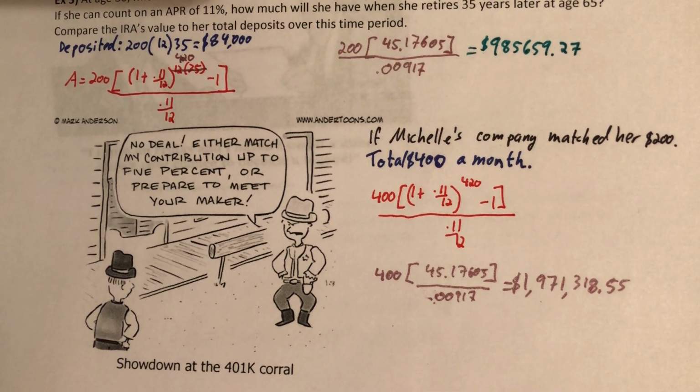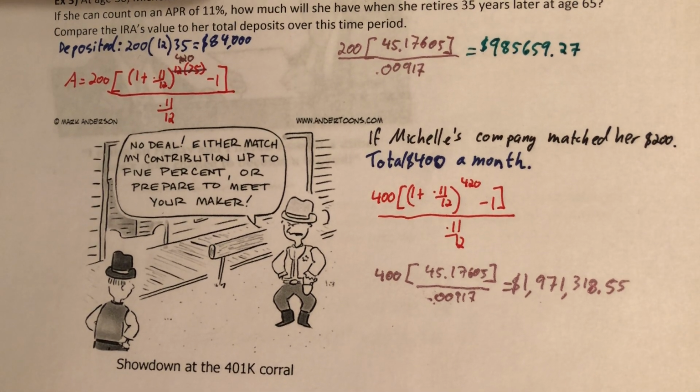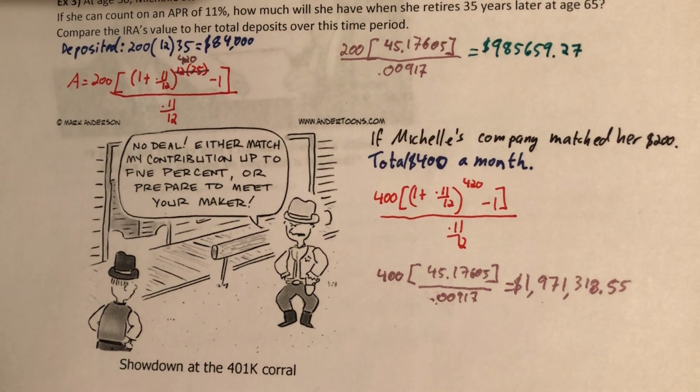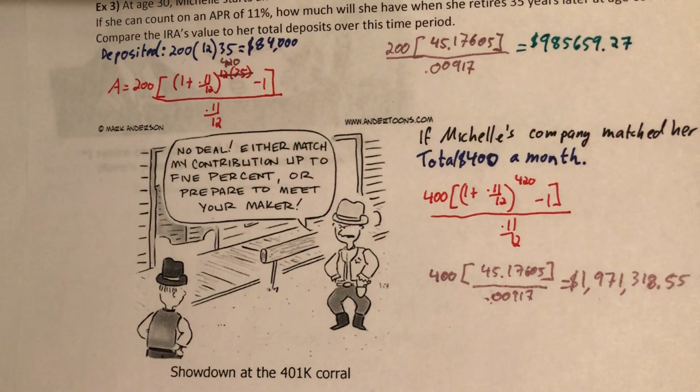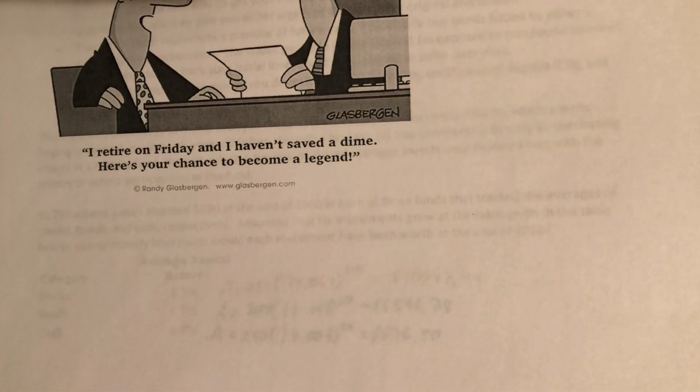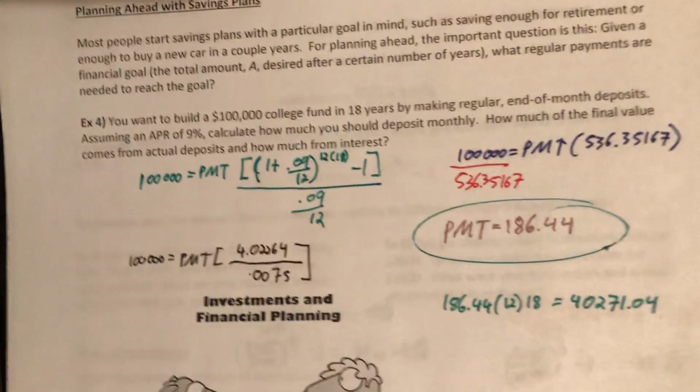So that's a big difference from $1 million to almost $2 million simply by having a company match her over the 35 years. So if your company can match you, go ahead and do it.